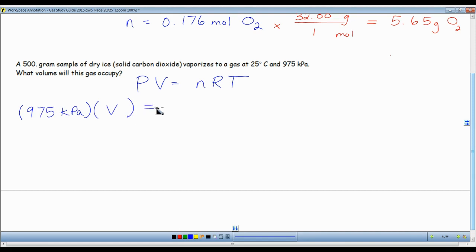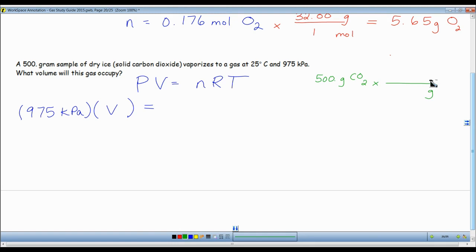Okay, but now here's where maybe this one becomes a little more proficient. N stands for number of moles, and I don't have that. I have a 500-gram sample. So I'm going to need to do a little sidebar here and get that 500 with a decimal, 3 sig figs. 500 grams of carbon dioxide, dry ice.